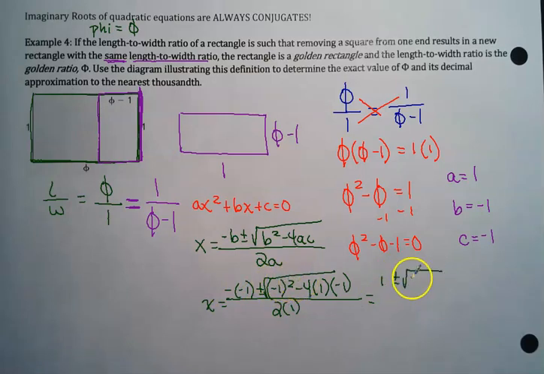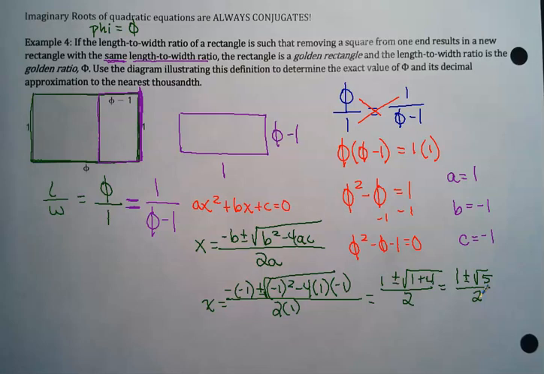Negative 1 squared is 1. Negative 4 times 1 is negative 4. Negative 4 times negative 1 is a positive 4. Divided by 2 times 1, pardon me, is 2. So this is 1 plus or minus the square root of 5 divided by 2, which cannot be simplified any further.